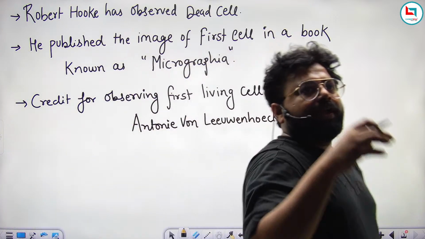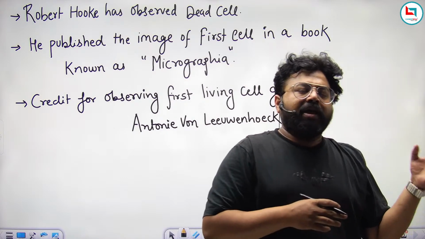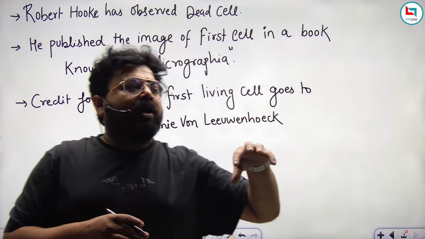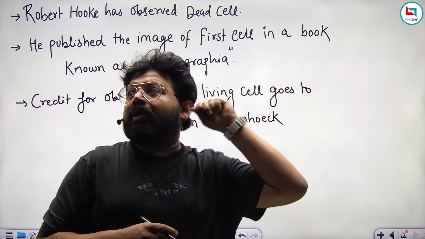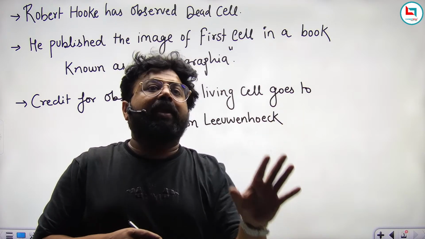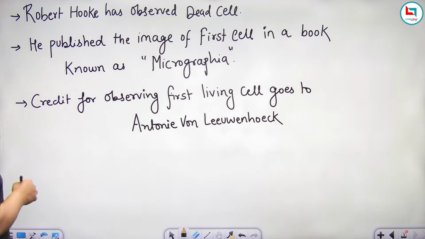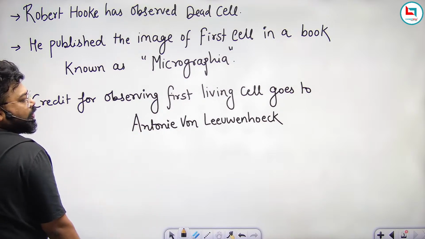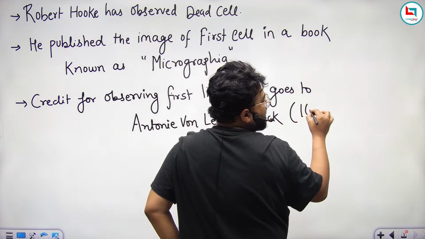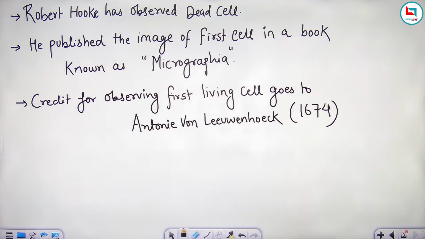He designed a new type of microscope which contained more than one type of lens, and he started observing pond water, blood, semen, and drainage water, and he discovered various different types of cells. So the credit for observing the first living cell goes to Antonie van Leeuwenhoek in the year 1674. So the first living cell was discovered in the year 1674.